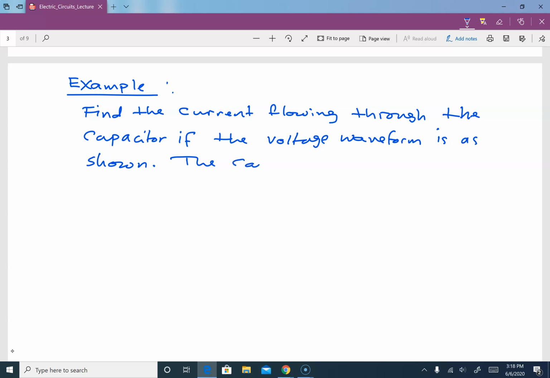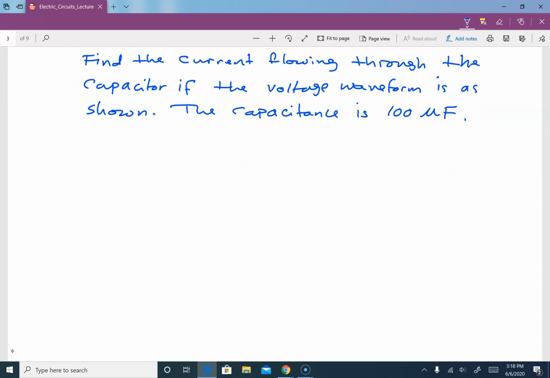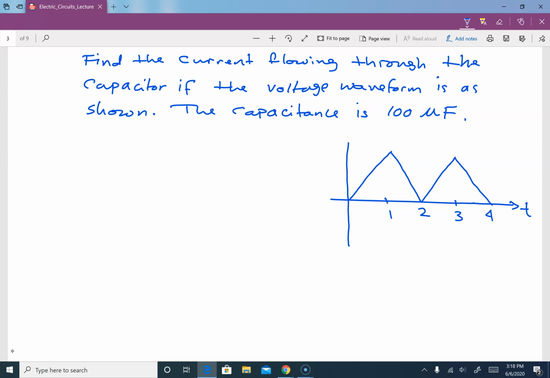The capacitance is 100 microfarad, and this is T, this is 1, this is 2, 3, and 4, and this over here is our VC of t, and the value here is 2.